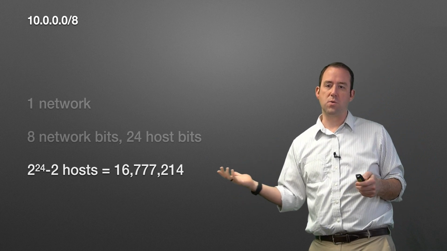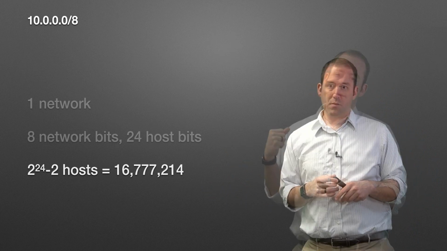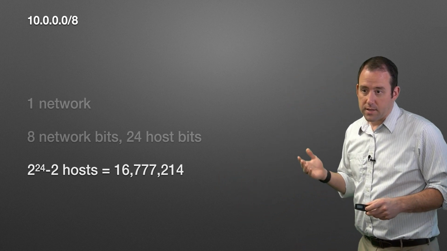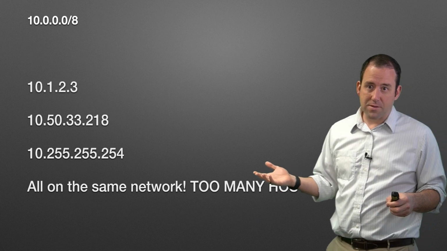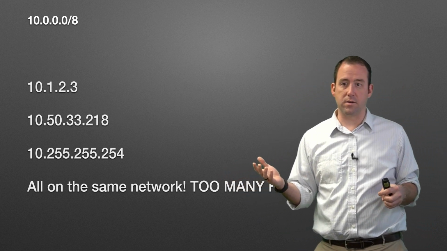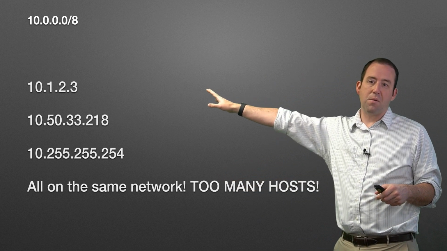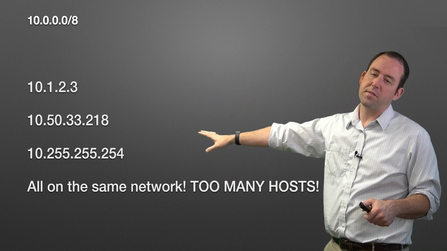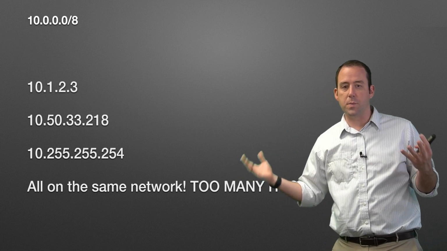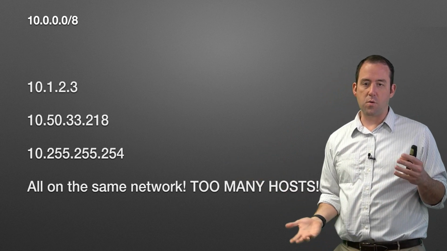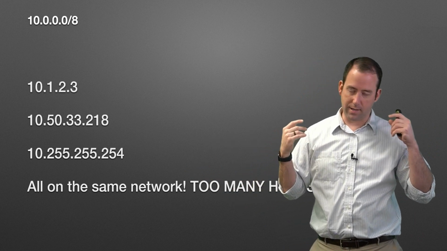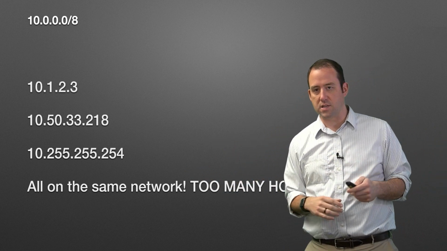And there's a whole bunch of ways that we can split that up because we have 24 host bits that we're dealing with. So if you look at the addresses that are on this 10.0.0.0/8 network, 10.1.2.3, 10.50.33.218, 10.255.255.254. All of those are potentially host addresses on one giant network. That's too many. It can't work. It leads to congestion, so we need to split it up.